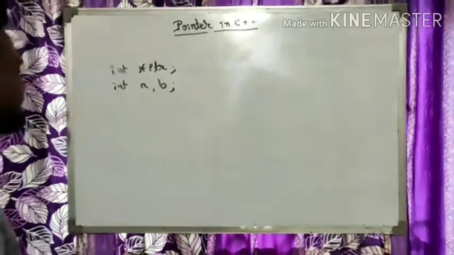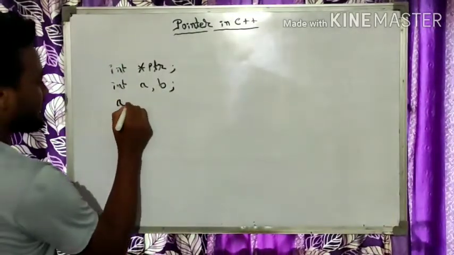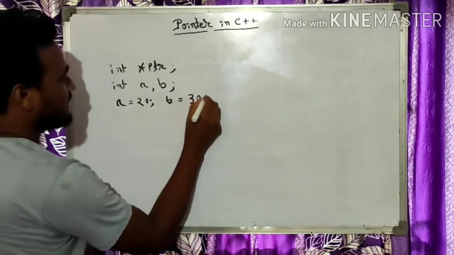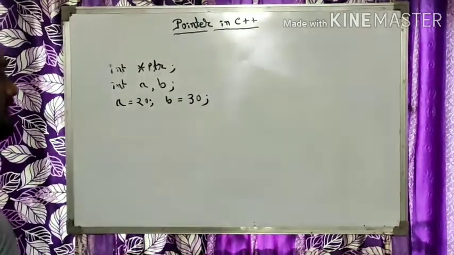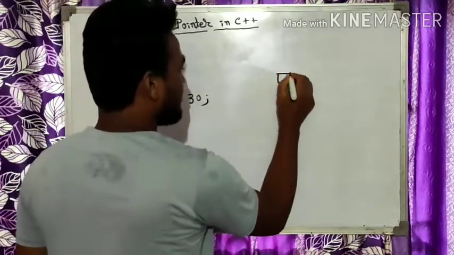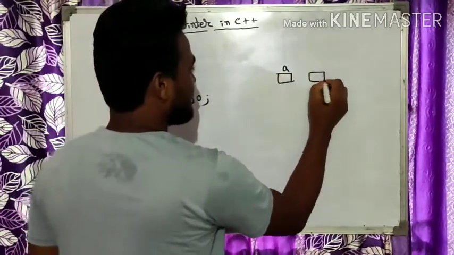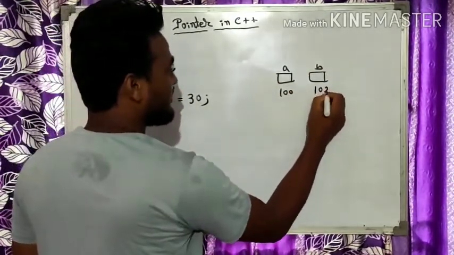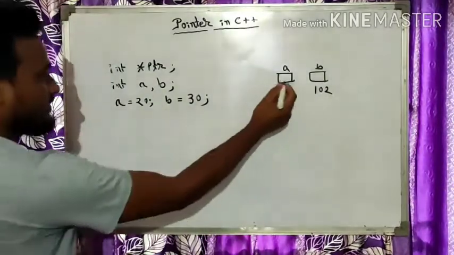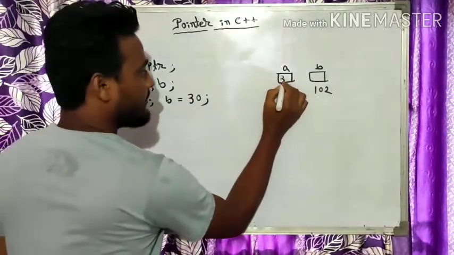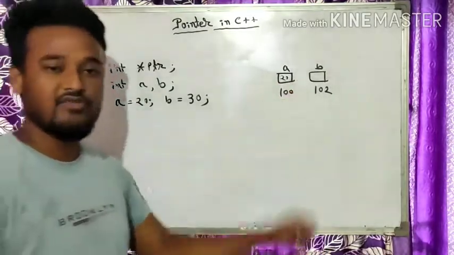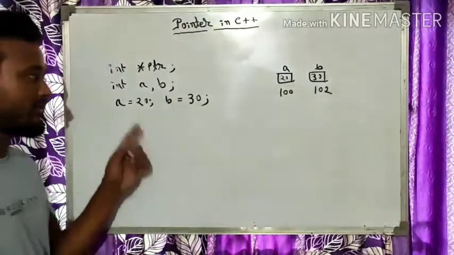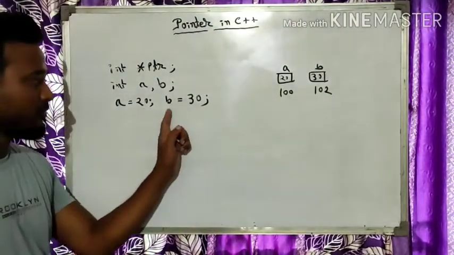Suppose a equal to 20, b is equal to 30. In memory, this is variable a, and this is variable b. Suppose the memory address here is 100 and here 102. Inside a the value will be 20 and inside variable b the value will be 30, because we have assigned the value 20 to variable a and 30 to variable b.